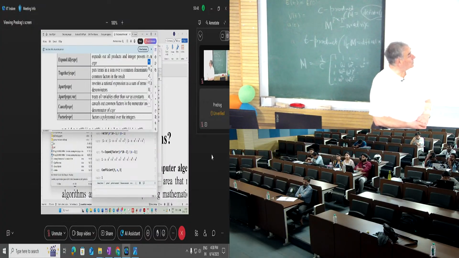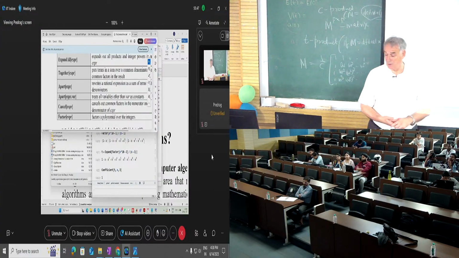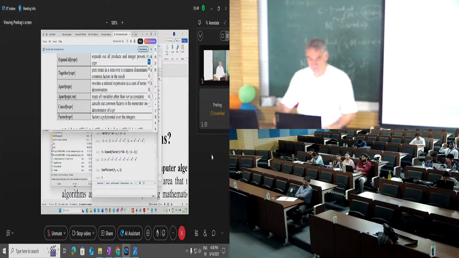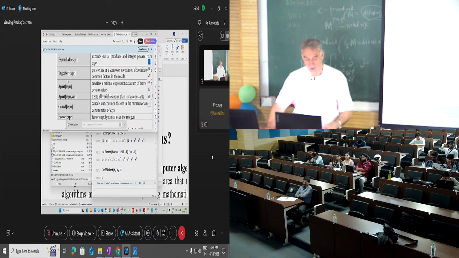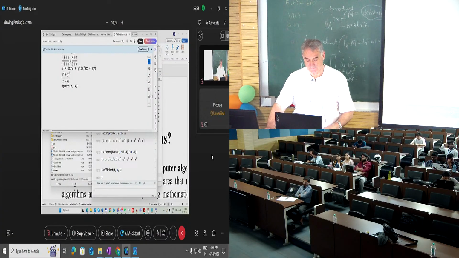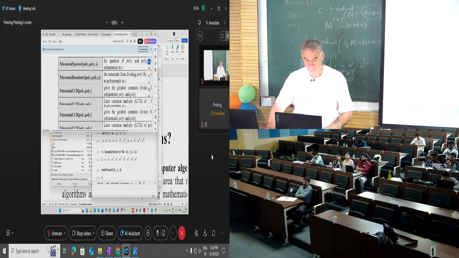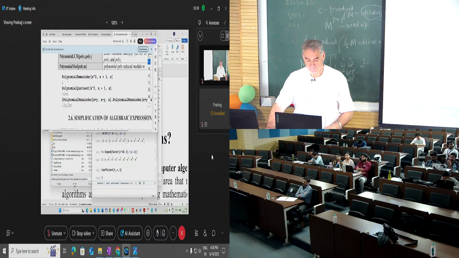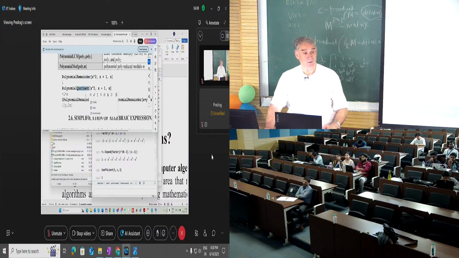Cancel polynomials in numerator and denominator. Expand polynomial factors. We can divide polynomials and ask for the remainder, ask for the quotient of two polynomials.